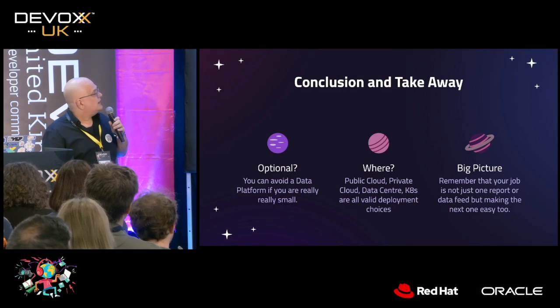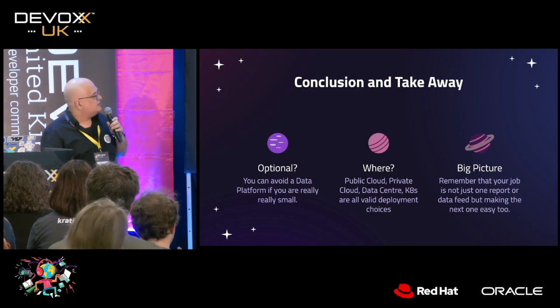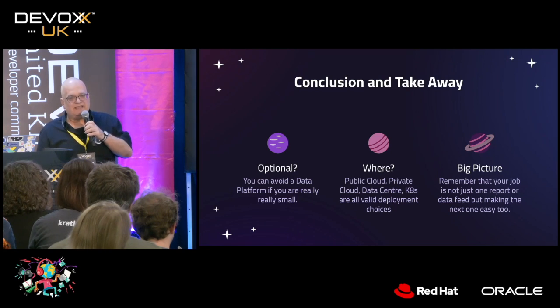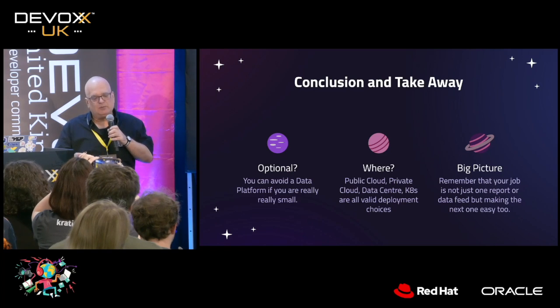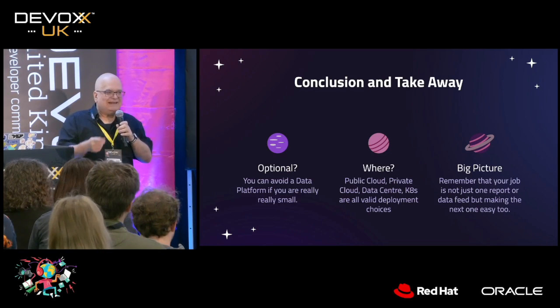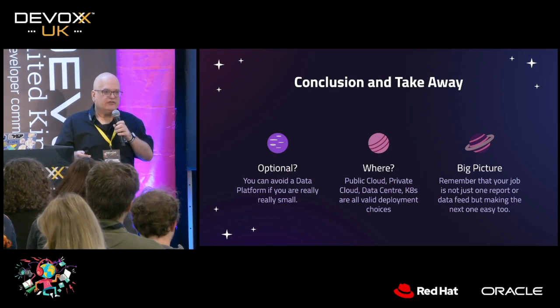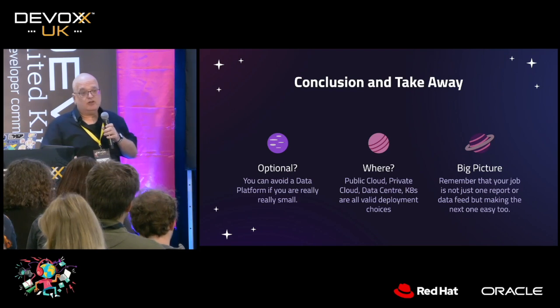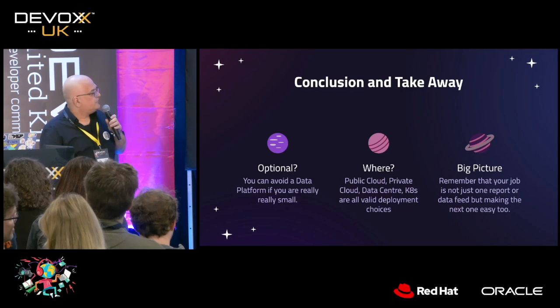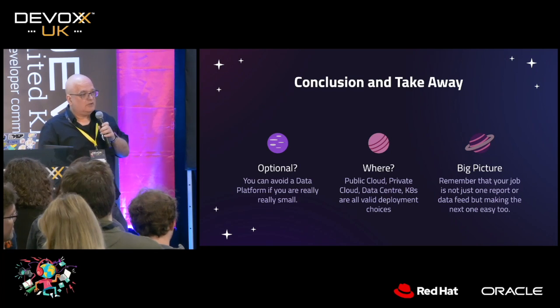So, this is my conclusion, takeaway. If all you're doing is one application and one database, yeah, you can get away without a data platform. But in reality, almost every single organization will have lots of applications, lots of databases, and they need to merge them together to learn stuff from them. You can do it in public clouds.